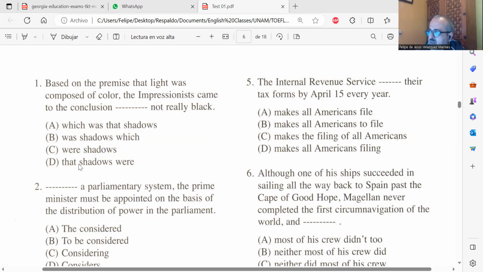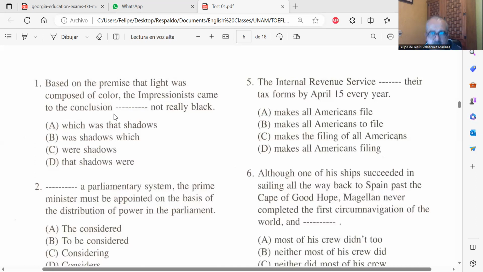You are pros answering exams. So you will say number of verbs. Base, this is not a verb. Was composed, one verb. Came, two verbs. And in the options I have another verb, so I have three verbs. I need two markers. Because the structure is verb, verb, subject, marker, no? What do I need here?